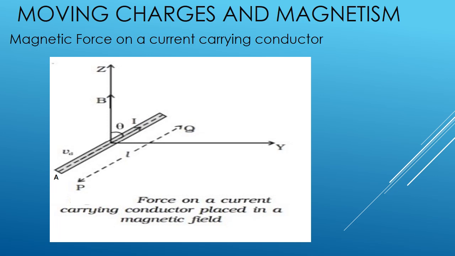In the figure, you can see a conductor PQ. Here L is the length of the conductor and A is the area of cross section. This conductor is placed in a magnetic field B and the magnetic field is in the Z direction. Here theta is the angle between magnetic field and the conductor.